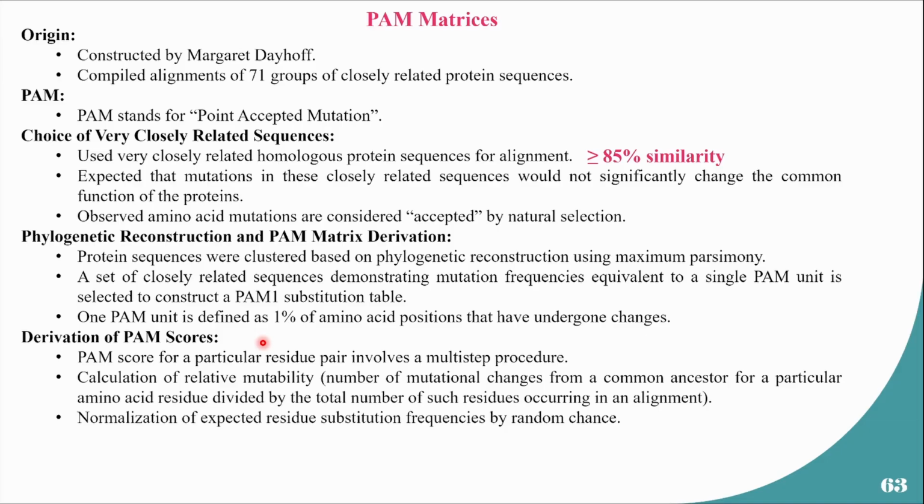So from that, you will notice that if you just keep increasing the level of the PAM matrices, so if you do PAM 40, you are multiplying PAM 1 by itself 40 times. Let's say you are doing PAM 100, you are multiplying PAM 1 by itself 100 times.